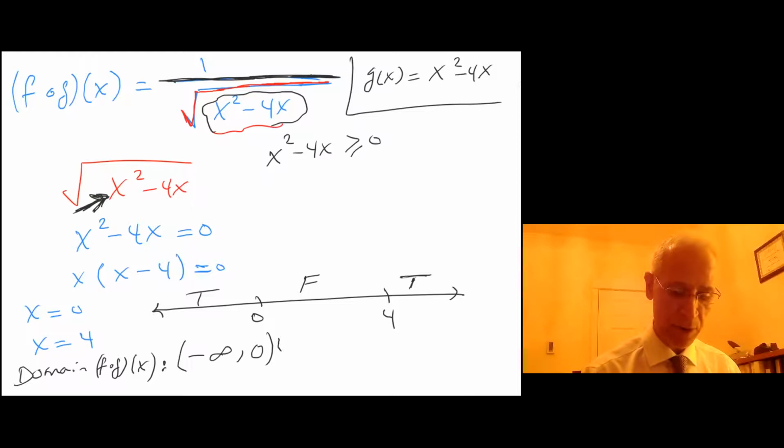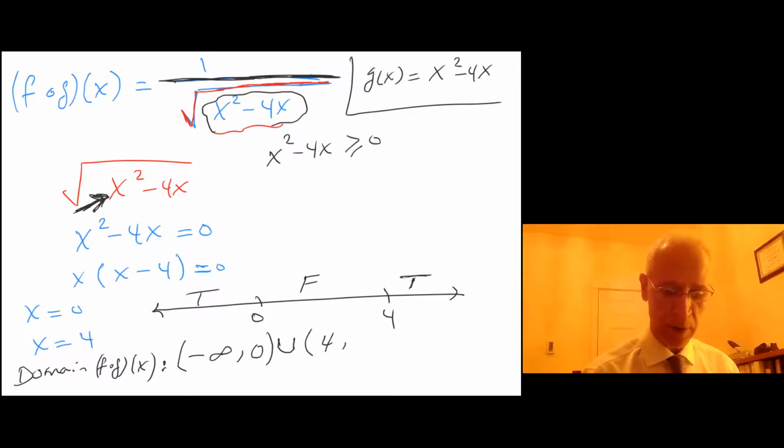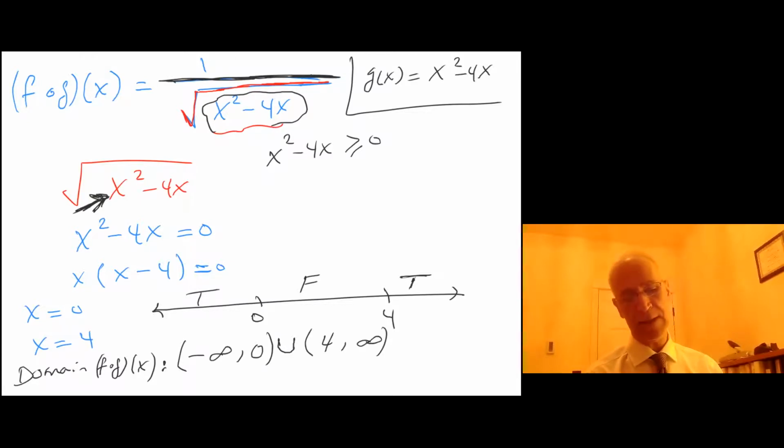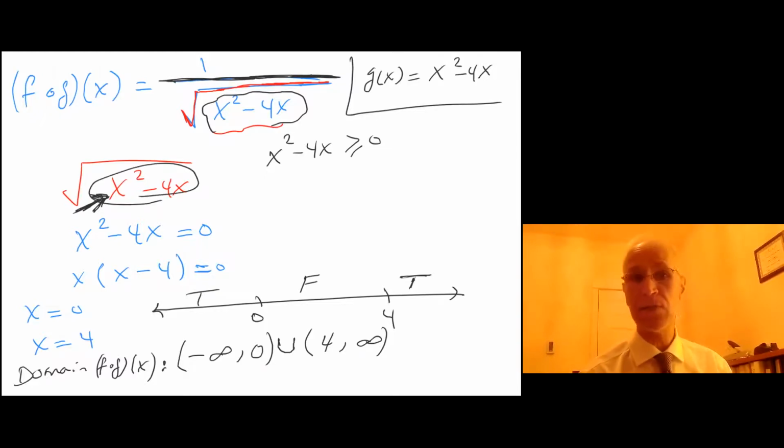Together with, or union, from 4 all the way to positive infinity. And once again, the 4 itself is not included. If I plug in the 4 in here, 4 squared minus 4 times 4 is 0. Square root of 0 is 0.